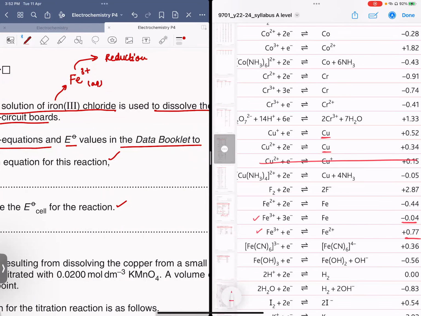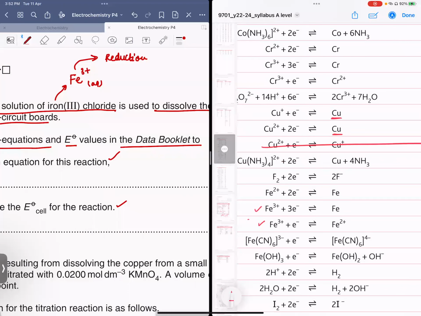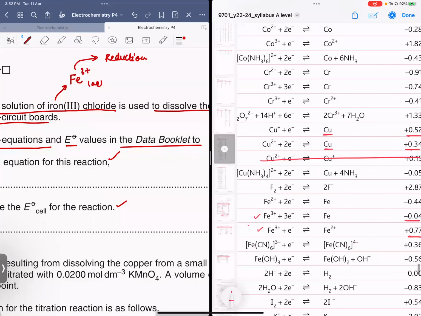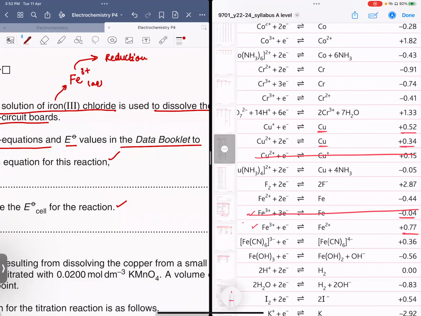Okay. Now, if you look at these two values of copper, we can easily exclude this equation because as we decided earlier, the one which undergoes reduction has a greater E naught value. Its E naught value is smaller, so I can exclude this one. So I'm left with this half equation.